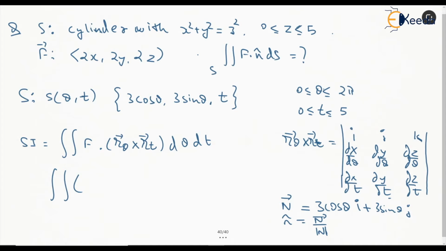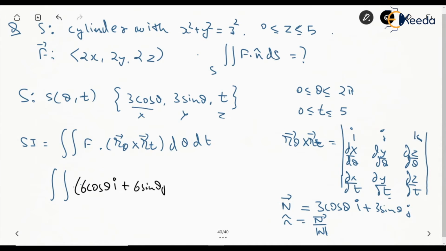So 2x becomes 6 cos theta i component plus 2y is 6 sin theta j component plus 2z is 2t as k component, and the r theta cross r t is provided here: 3 cos theta i plus 3 sin theta j, into d theta dt.